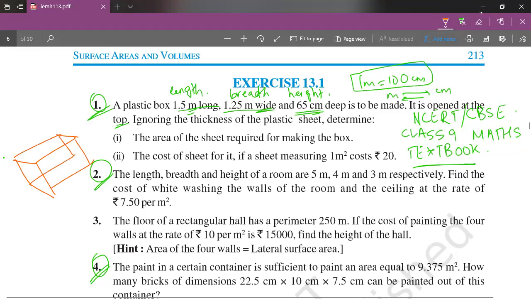If this is a cuboid, a 3D rectangle, first of all this will be the length, this will be the breadth and this will be the height. Secondly, it is open at the top, so I'll just make some space over here.